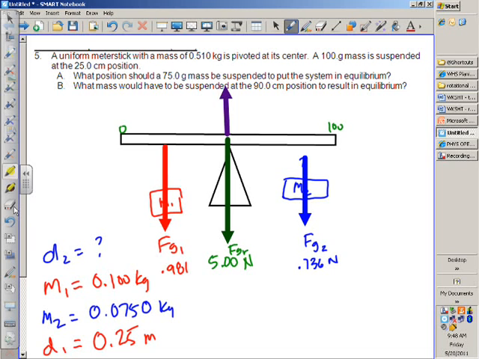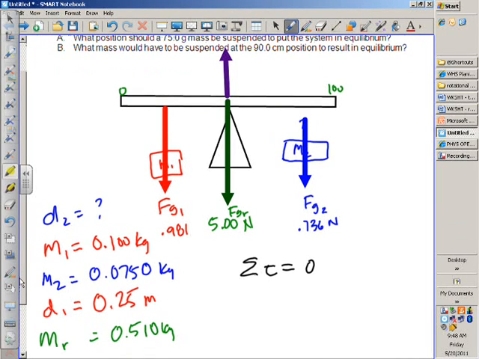Okay. So, in order for something to be in rotational equilibrium, what did we say the condition was? What's our definition of rotational equilibrium? Net torque equals 0, right? How many torques do we have on this meter stick? Well, 3, but one of them doesn't count.